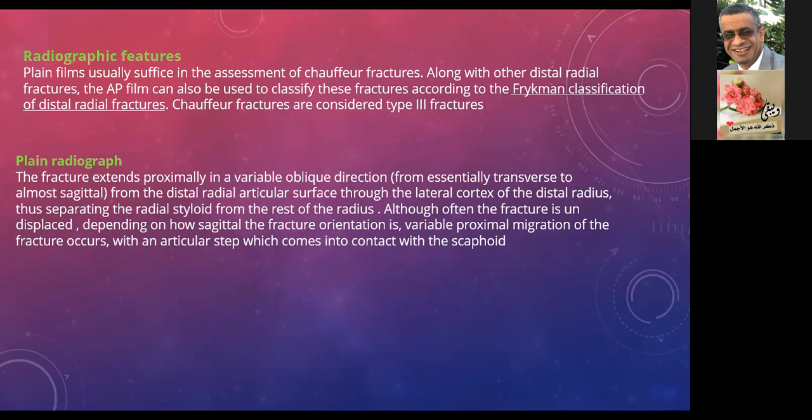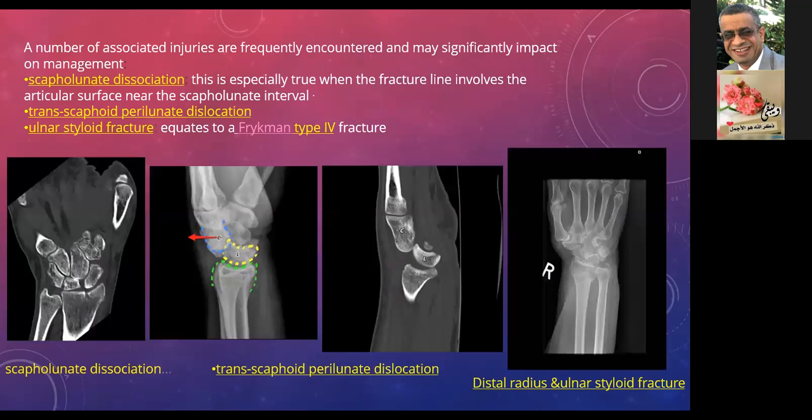Variable proximal migration of the fracture can occur, with an articular step which comes into contact with the scaphoid. A number of associated injuries are frequently encountered and may significantly impact management. Scapholunate dissociation is especially likely when the fracture line involves the articular surface near the scapholunate interval.